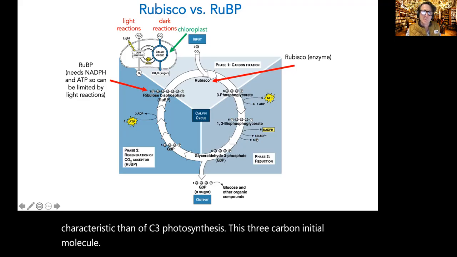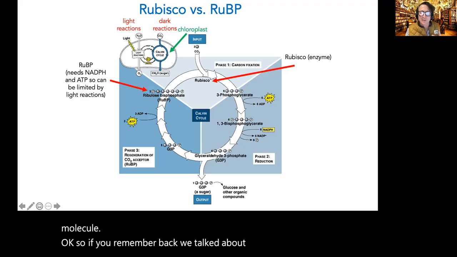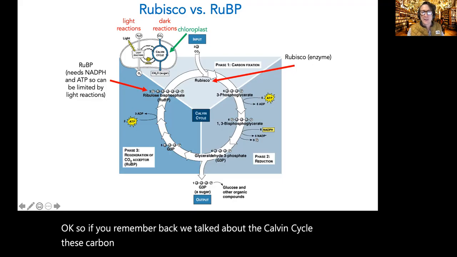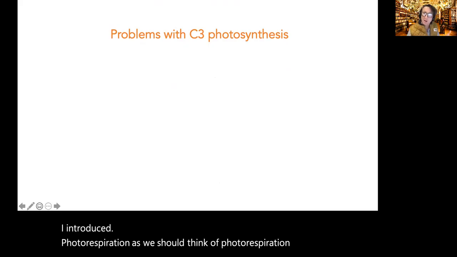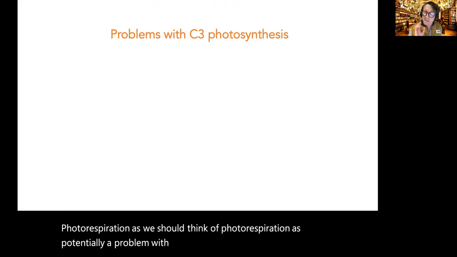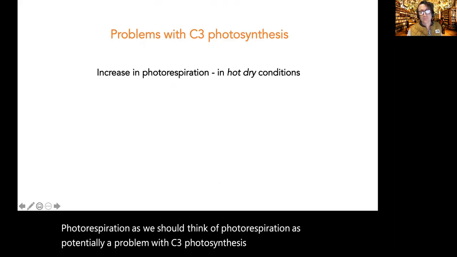Okay, so if you remember back, we talked about the Calvin cycle, these carbon reactions, and that provides our framework for today. And last time I introduced photorespiration. We should think of photorespiration as potentially a problem with C3 photosynthesis in certain environments.